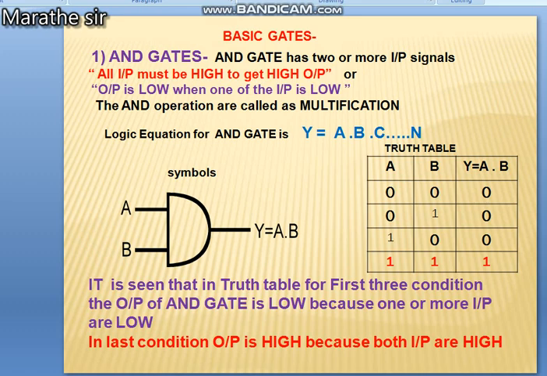So we are getting 0 output for the first three conditions. In the last condition, the output is high because both inputs A and B are high. So the AND gate is defined as: all inputs must be high to get the high output.